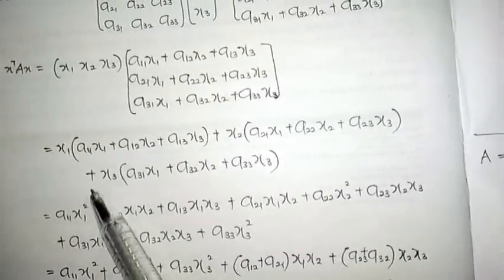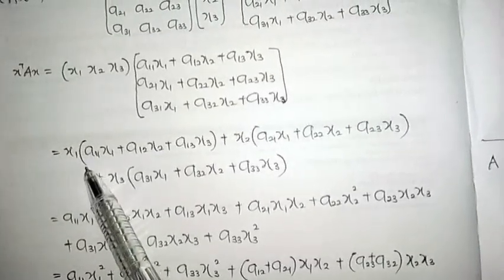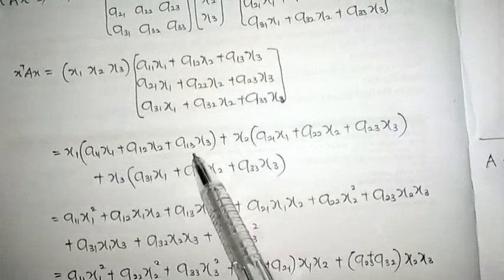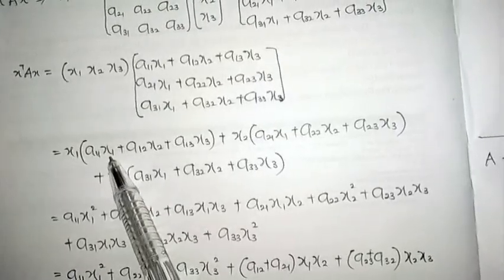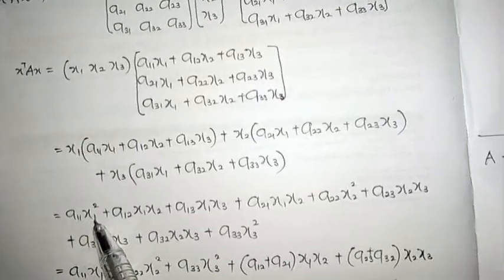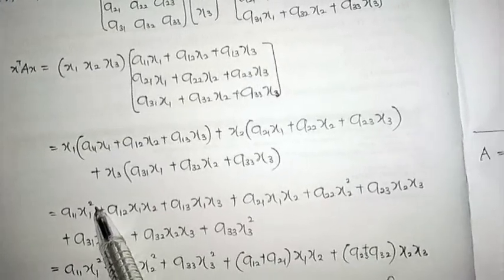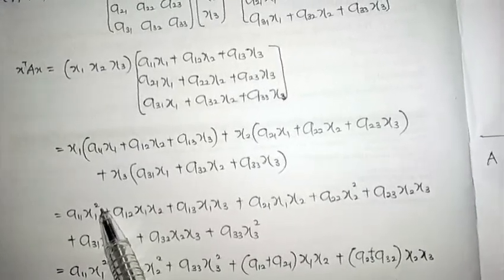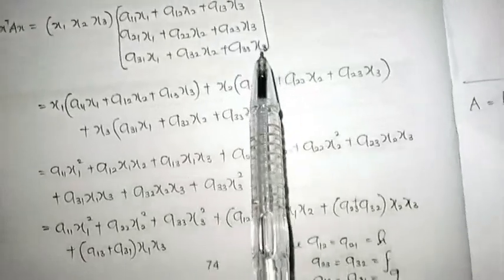Then when we get that, we get to open the bracket by multiplying x1 by the values in it. So x1 multiplied by x1 a11 gives us a11 x1 squared, and then we get to the answer, this.